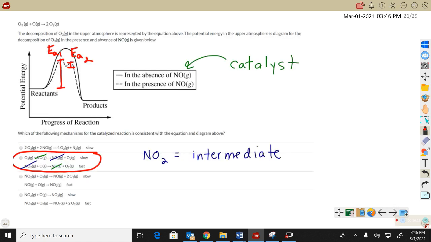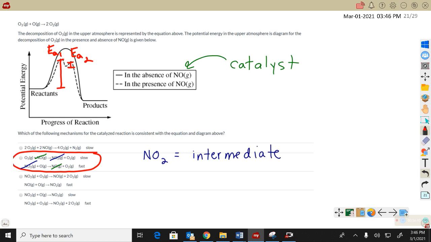All right, so here's my little energy profile graphs. This is for the reaction of O3 and oxygen atoms in the upper atmosphere. The question says, which of the following mechanisms for the catalyzed reaction is consistent with the equation and diagram above?